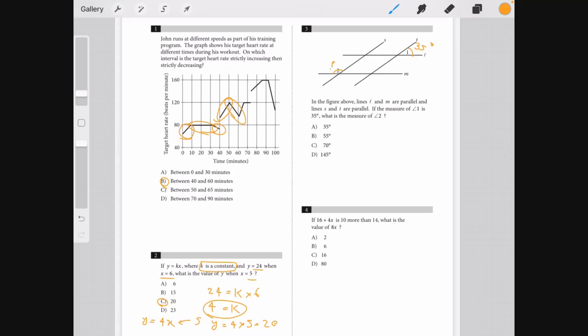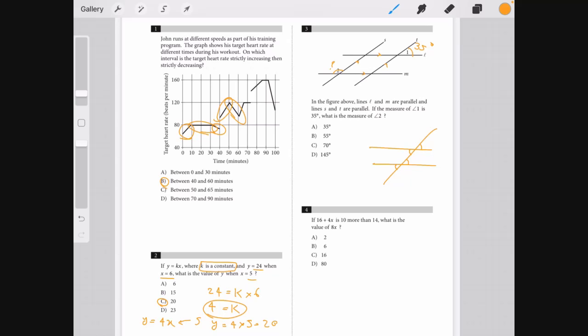So we know when two lines are parallel and one line intersects them, this one and this one are equal, also equal with these ones. Now, here all of them are parallel, like these two are parallel with these two.